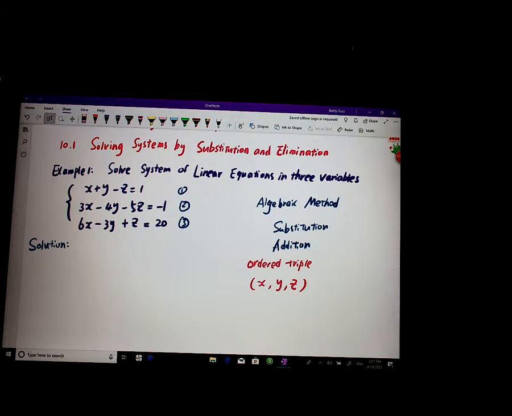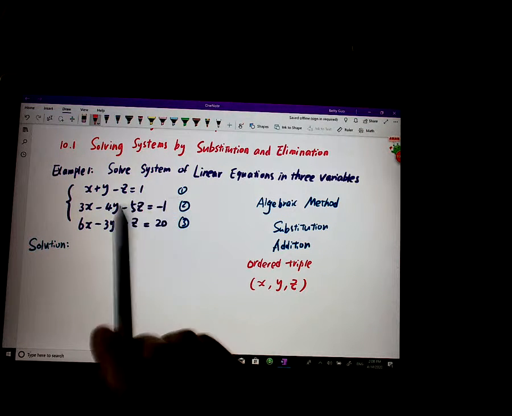For either substitution method or addition method, the key point of applying those methods is to try to eliminate one variable. Three variables is too much. If we could get rid of one variable, then we would reduce the difficulty of solving the system.